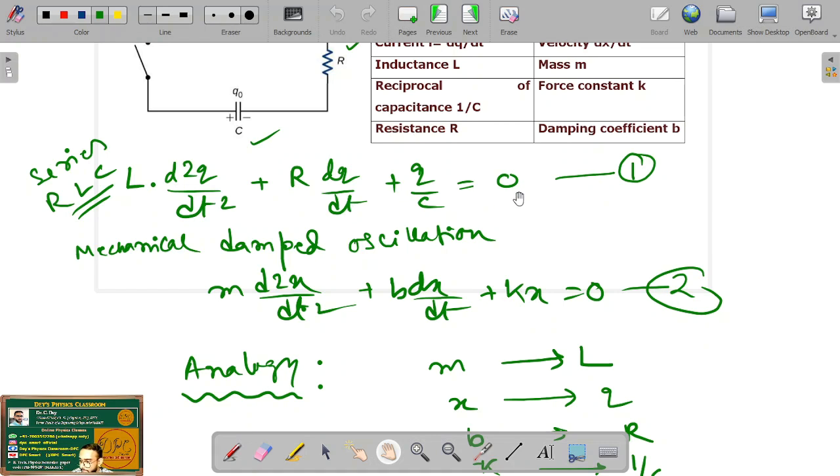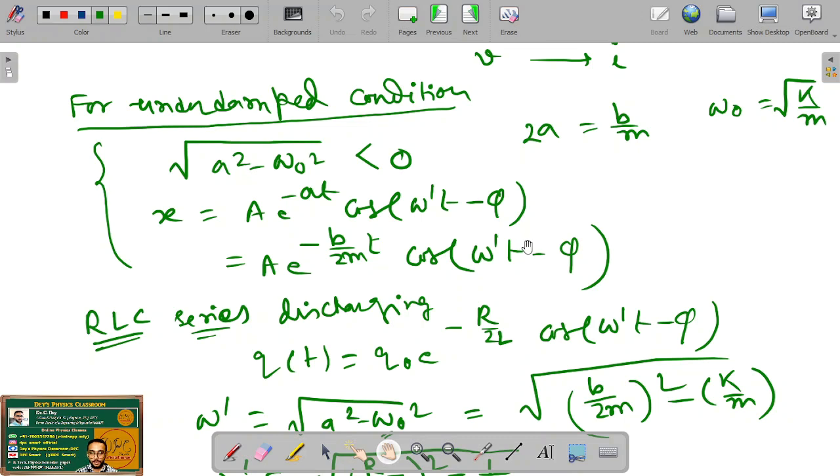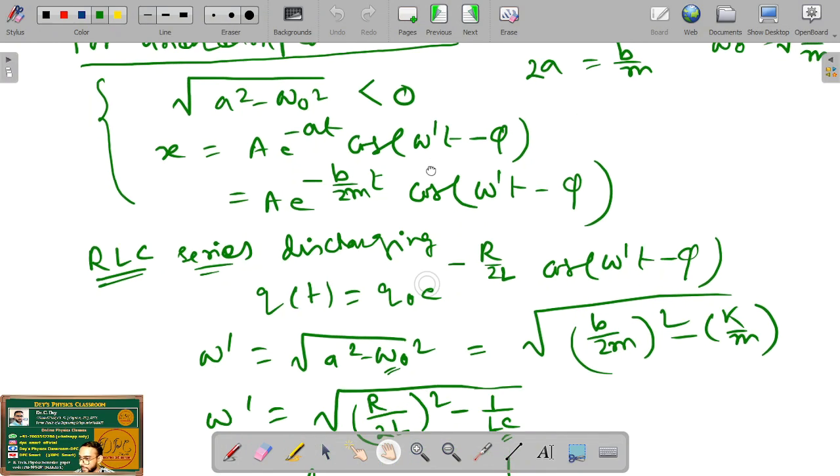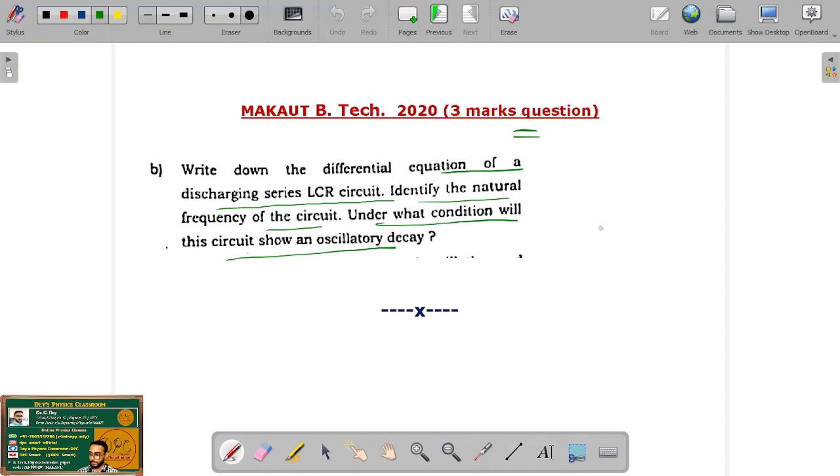So, equation 1 is the differential equation for series LCR circuit under discharging condition. Next question was identify the natural frequency of the circuit, under what condition will this circuit show an oscillatory decay. So, for underdamped condition, the charge decay would be oscillatory in nature, and the natural frequency would be omega naught, which equals 1 by root under LC, this one. So, every part of this question has been answered.